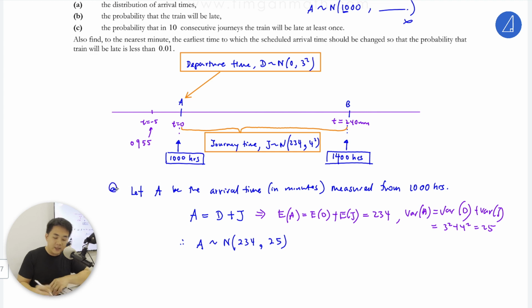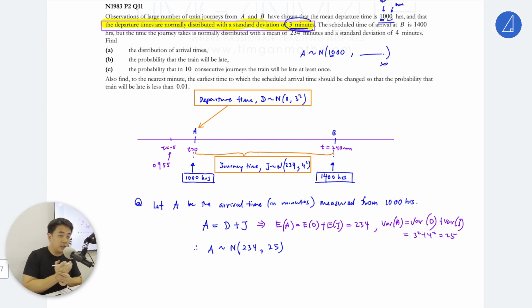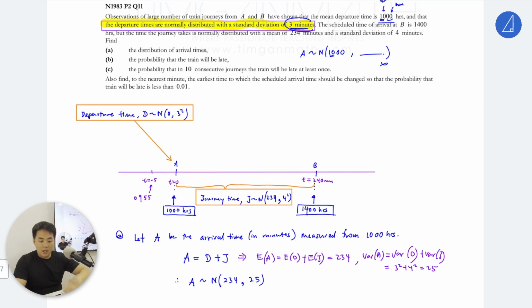So the lesson is basically to understand that time is relative. Usually in this kind of question, you have to have an anchor point. You set 0 at a certain time, then you just measure from there. Don't put the time in the mean, because it doesn't make any sense. How to visualize this?